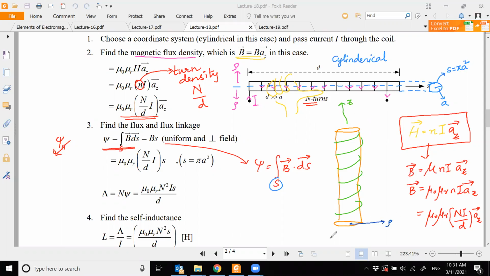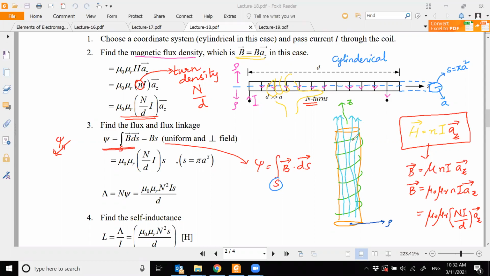Now tell me, how is the magnetic flux density? The magnetic flux density is along the z direction. So the magnetic flux density generated by this solenoid is like this, and it is only inside, not outside.